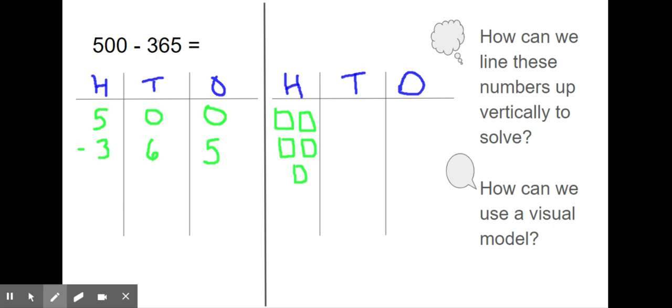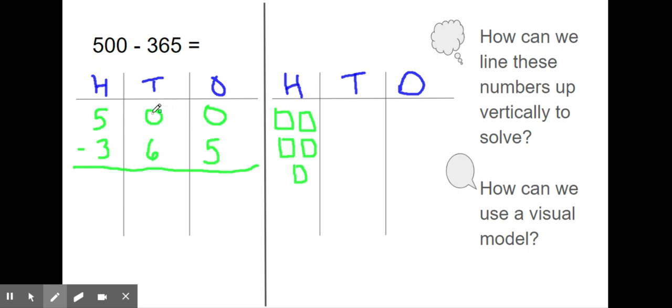And I don't want to model 365, right? Because I'm taking away 365. So I'm going to go ahead and solve it vertically first. So 0 take away 5. I can't do that, right? If I have nothing, I can't take 5 away.